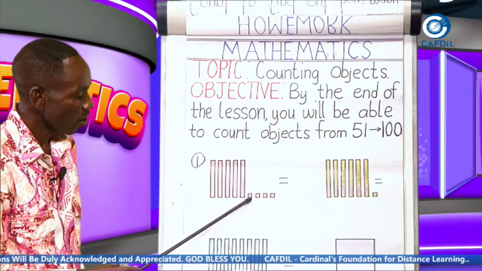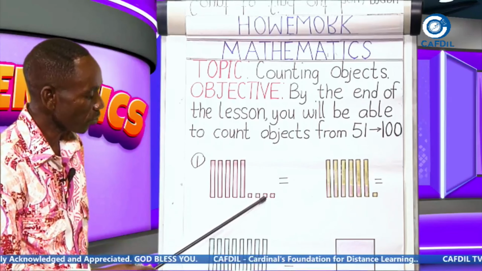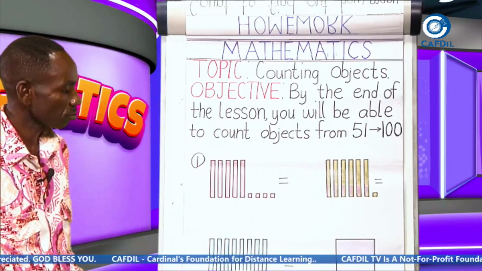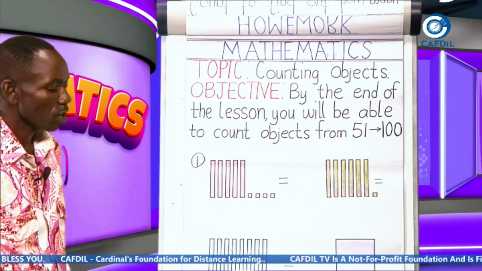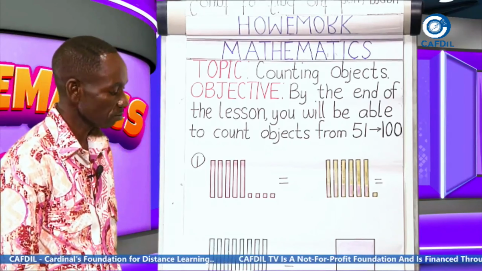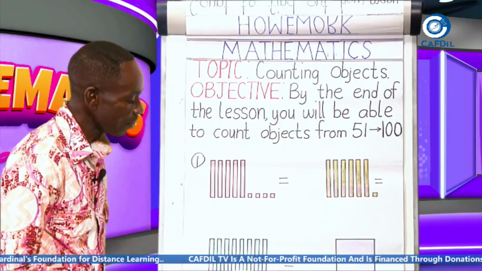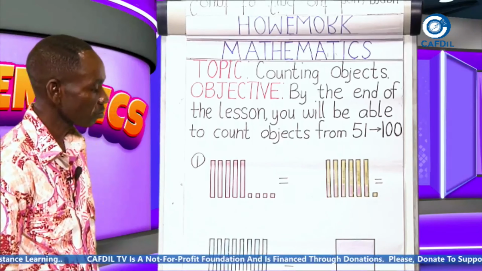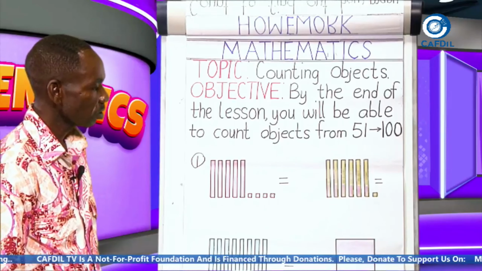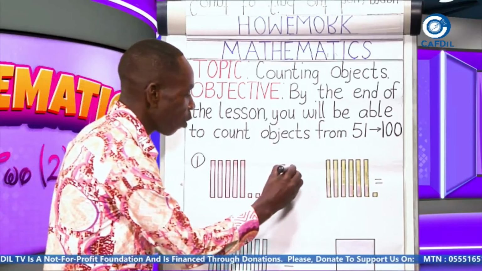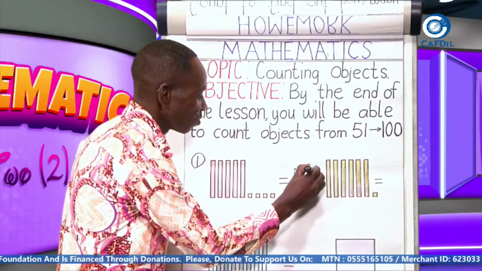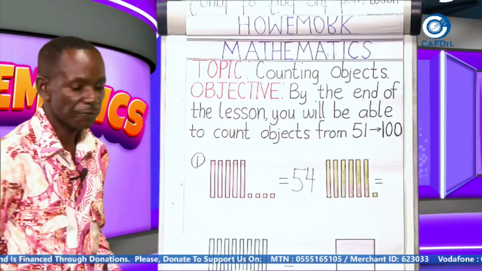And 1, 2, 3, 4. 4 cubes. What are we going to have? 5 longs and 4 cubes. This will give us 54.